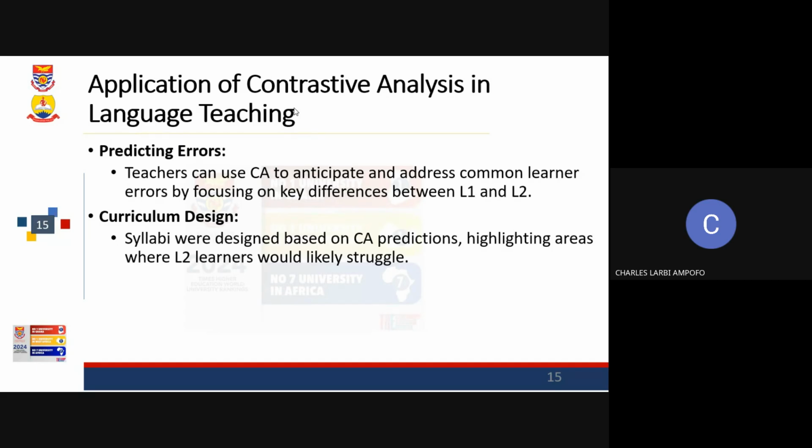Syllabi were designed based on contrastive analysis predictions, highlighting areas where learners will likely struggle. That's why we do all these subject-verb agreement, past tense markers, and all those aspects, because these are areas where we may likely face difficulty.